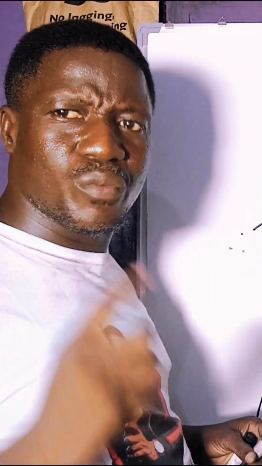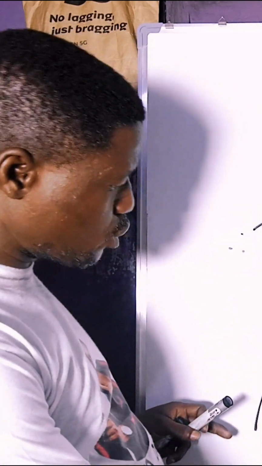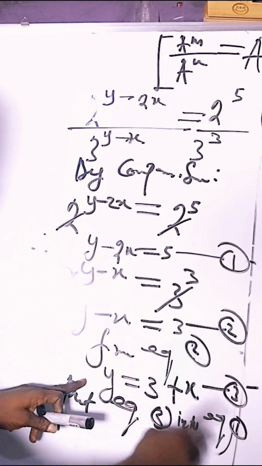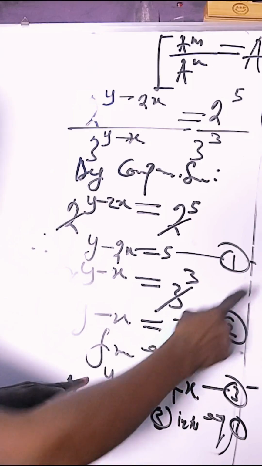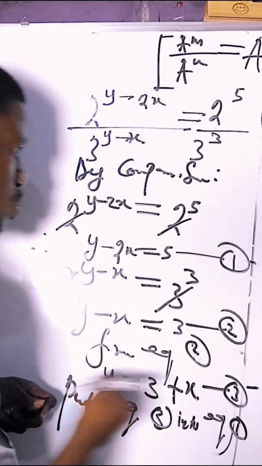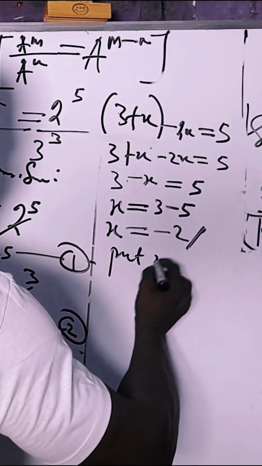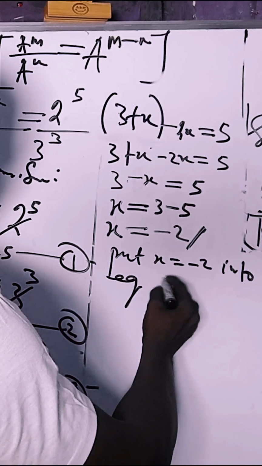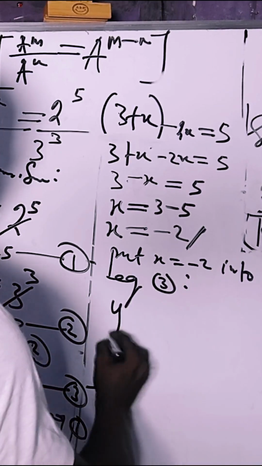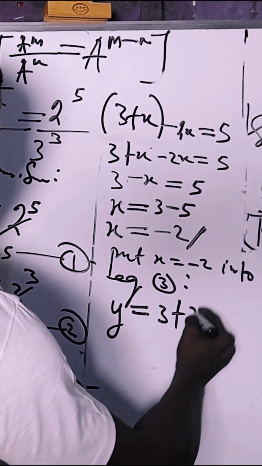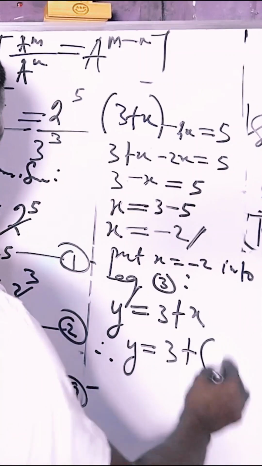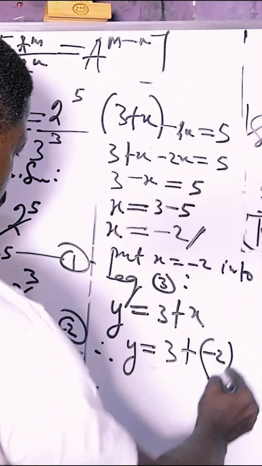How do we do that? By putting the value of x obtained into equation number 3. Look at it. y is equal to 3 plus x. It means wherever I see x, I'm meant to put minus 2.